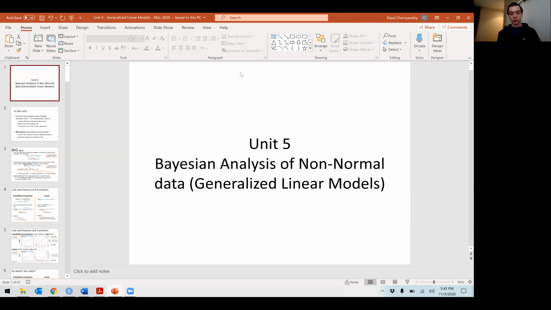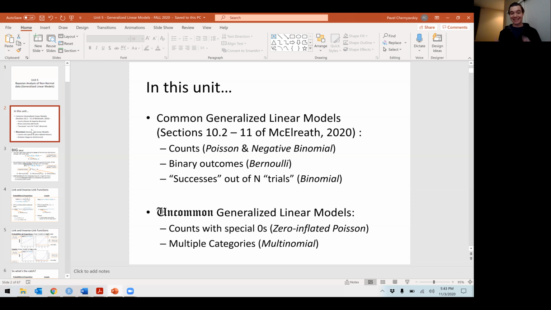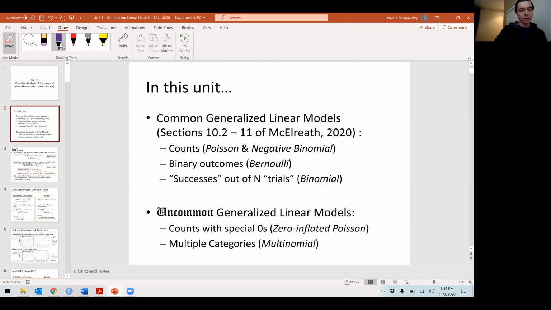A lot of things in this world, counts, binary outcomes, some number of successes out of some number of trials, things with special zeros, are not going to be approximately normal, and so we need a different tool.